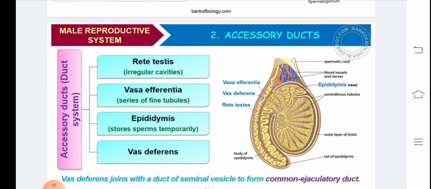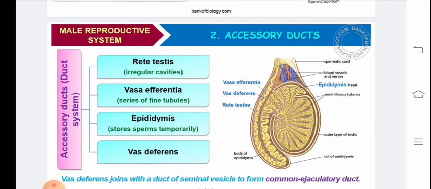Clear? So this vasa efferentia connects rete testis to the epididymis. So epididymis, it is a complex tube-like structure in the scrotum which temporarily stores the sperms and which also helps in passage of sperms.